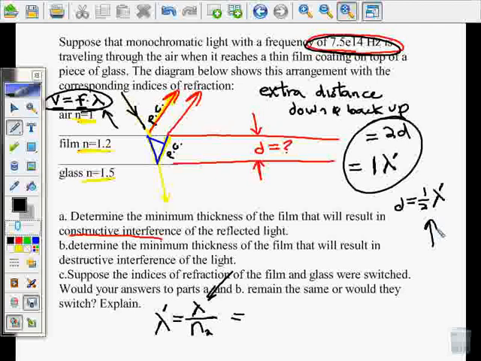If they both go through a phase change, if we wanted destructive interference, what would we want this extra distance down and up to be? Half lambda. Therefore, what would the thickness have to be? 1/4 of lambda prime. Can it also be a 3/4? Yes. But that wouldn't be the skinniest one.